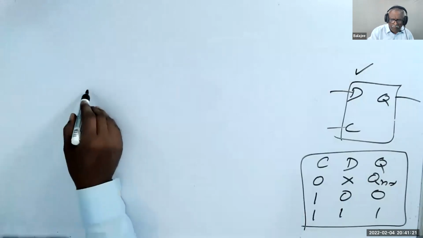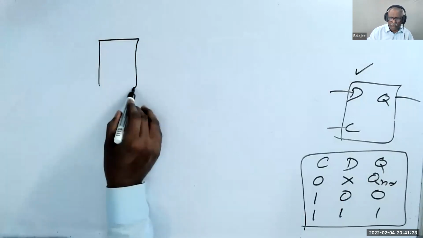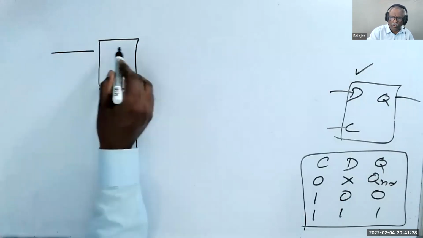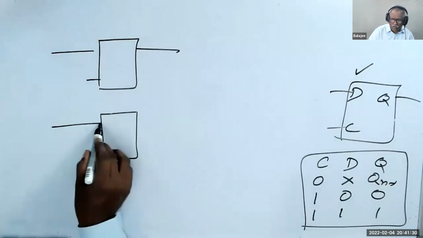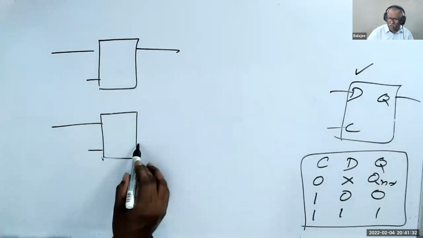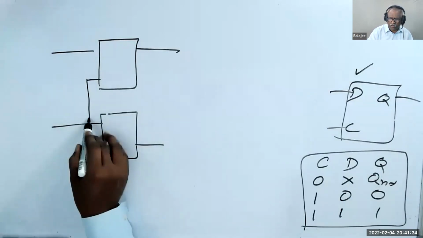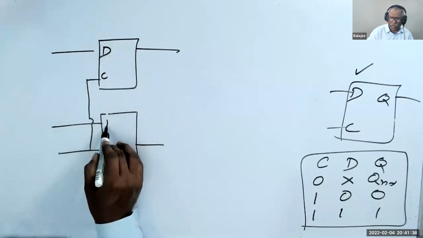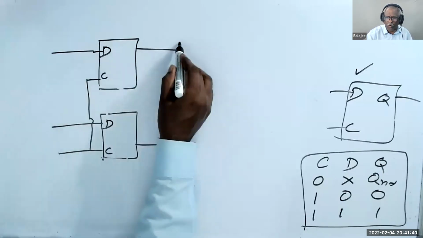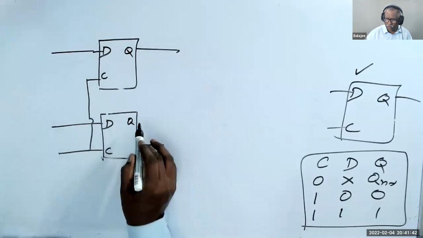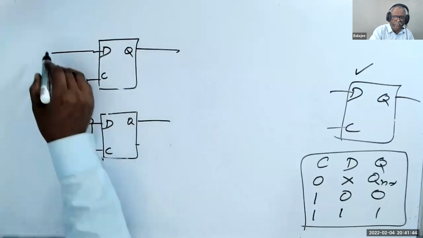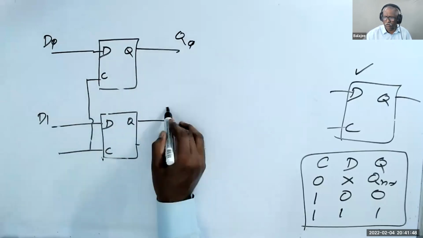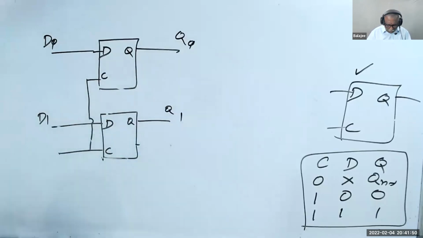Now, see here, I can also do it the other way. C, D, Q. This is called D0, D1, Q0, Q1. Make this block and then you will understand.